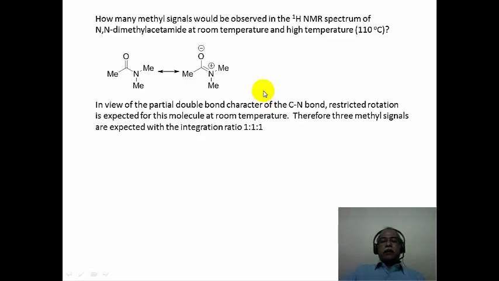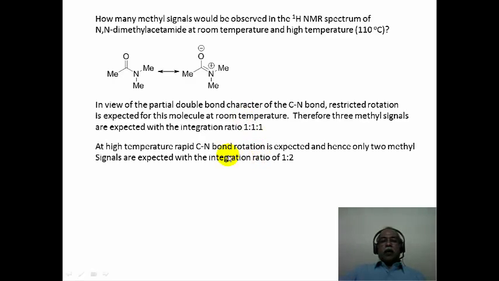If the carbon-nitrogen bond does not freely rotate, then one can expect 3 different signals for the methyls: one corresponding to this methyl, one corresponding to this methyl which is trans to the oxygen, and the other which is cis to the oxygen. So at very slow rotation, these 3 methyls should be distinguishable. Anyway, these 2 methyls are distinguishable from this methyl.